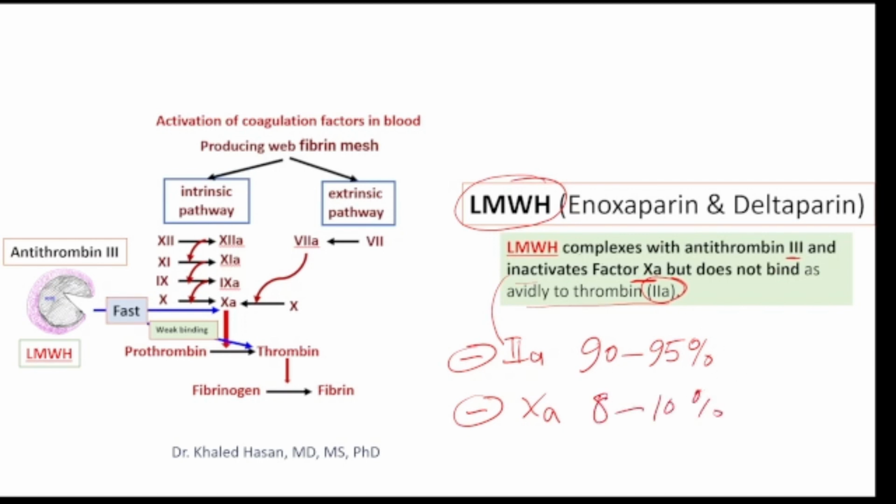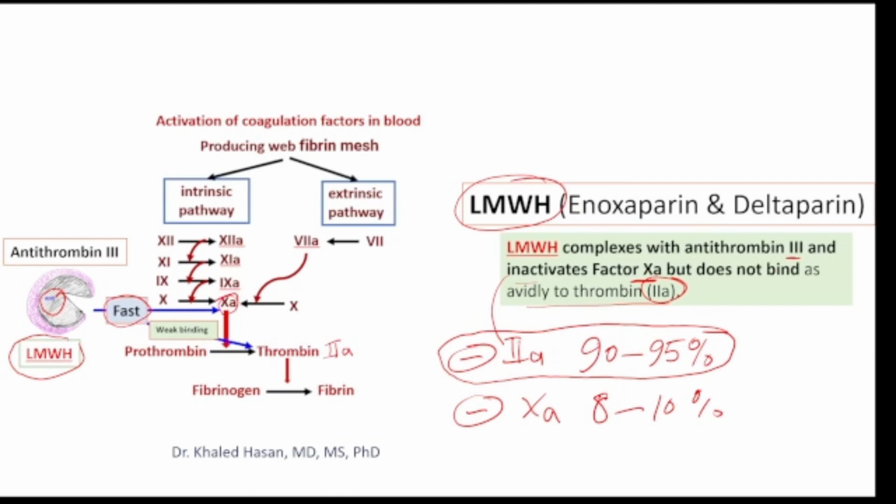So this group of medication, enoxaparin and dalteparin, mainly binds to the antithrombin and mainly inactivates factor 10A. As you can see here from the graph, low molecular weight heparin binds to the antithrombin, accelerates inactivation of factor 10A and weakly inactivates thrombin, which means 2A.